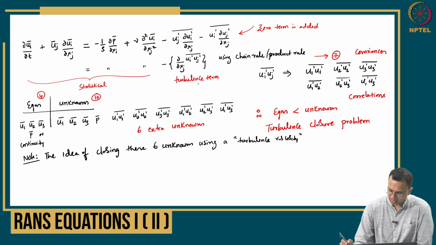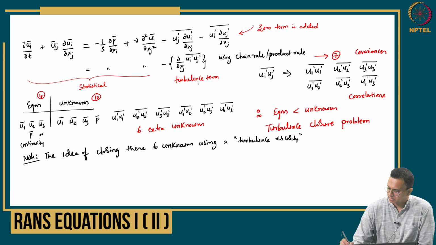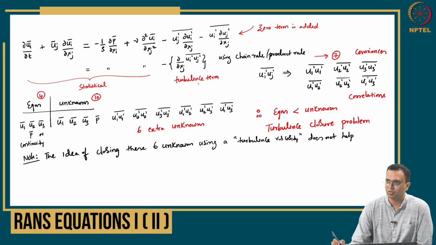Okay, the idea of closing these 6 unknowns using a turbulence-like viscosity does not help, because turbulent flows are just turbulent flows. It's a flow, unlike the viscosity, which was a property of the fluid. Here, whatever you want to call it, even if you want to call it a turbulence viscosity, it is a property of the flow, not the fluid. Okay, so then it will be a problem.